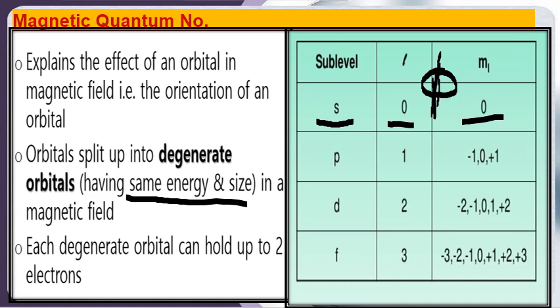Now the next one, that is D. For D, as we have done earlier, the value of L is 2, and you will find 5 values of M: one with 0, the next with -1, the next with +1, and you can also have ±2.